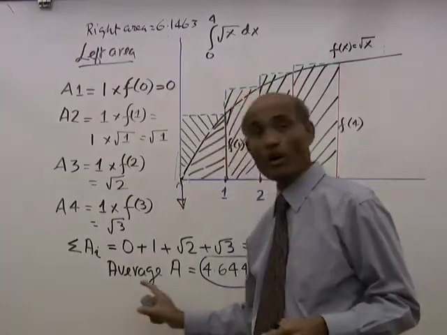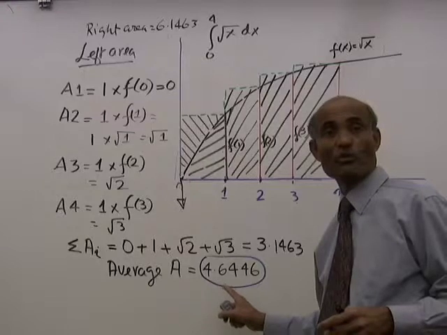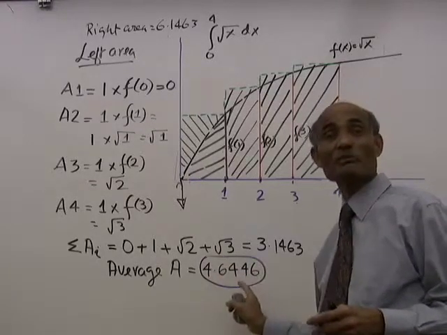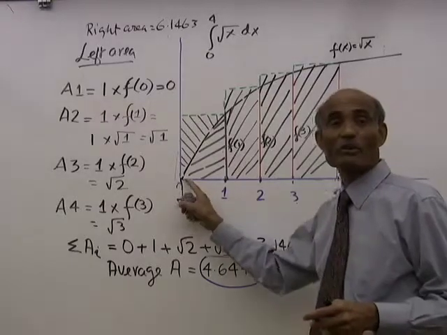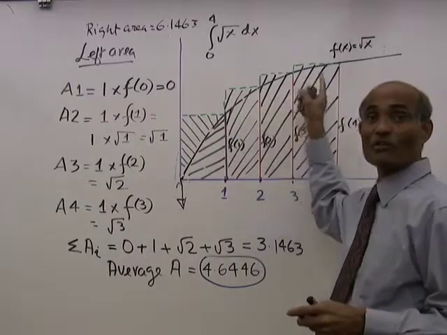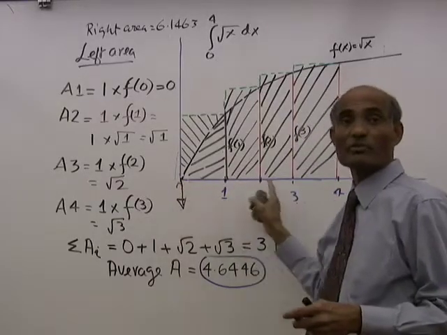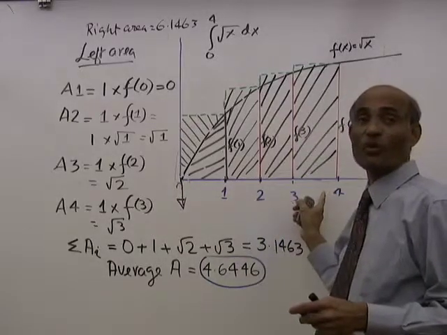The average of those two values is 4.6446, and this is an approximate measure of the area enclosed by the graph of square root x with the x-axis from x equal to 0 to x equal to 4.